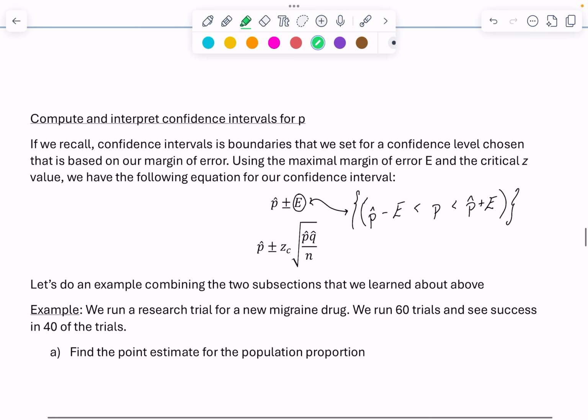So our final equation that I'm going to be highlighting here in yellow is going to be p hat plus or minus the critical value multiplied by the square root of the product of our sample proportion and the complement over the sample size, okay? And in the next video, we're going to do an example where we calculate not only the margin of error, but also the confidence interval.